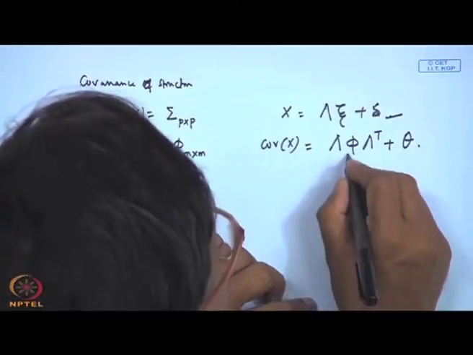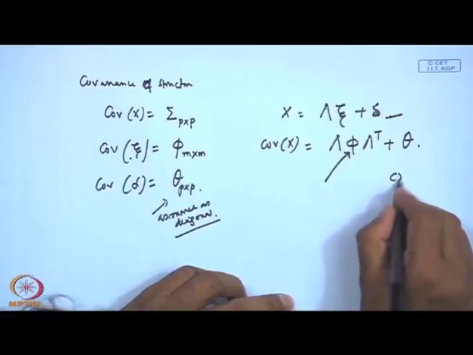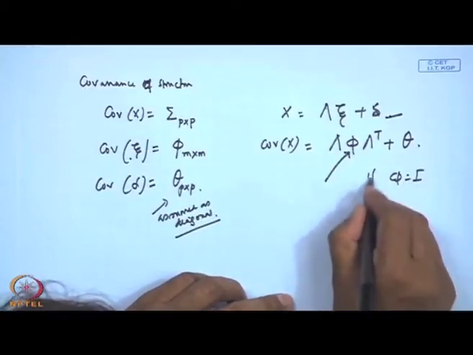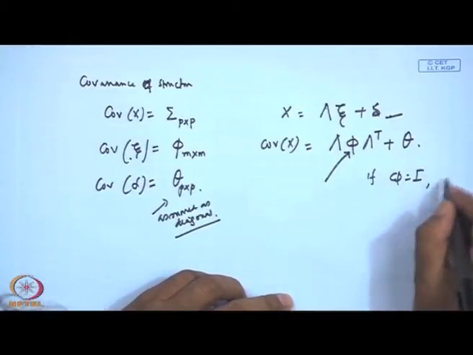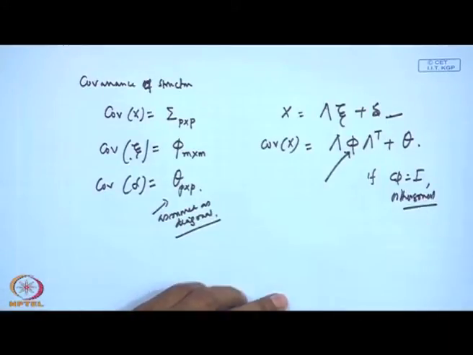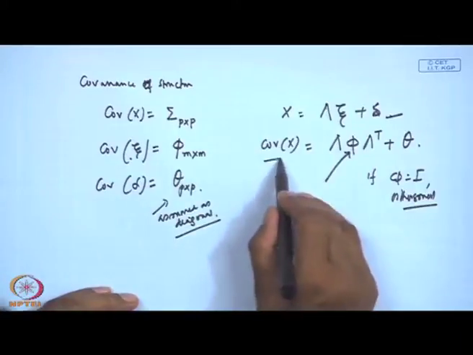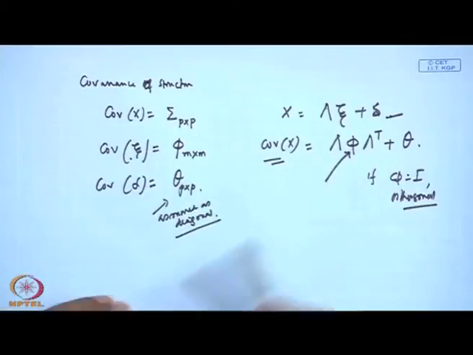This phi was not there in exploratory factor analysis, it was I. If phi equals I, then it is orthogonal factor analysis. So, this in a nutshell is the covariance structure and the relationship between these.